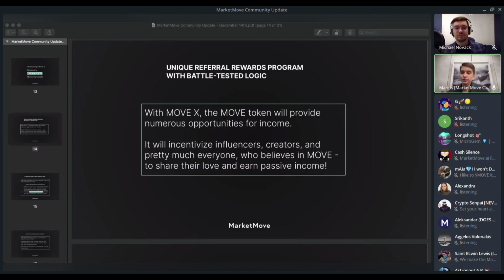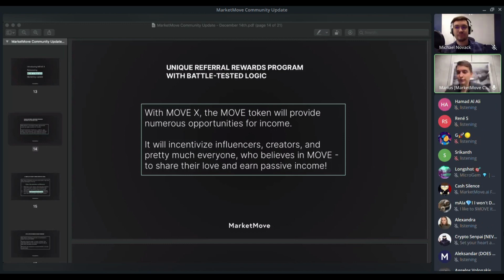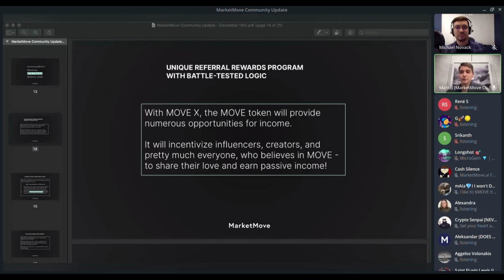And imagine if you can combine all of this with earning additional Move, because you spread the enthusiasm, you spread the love of Move across the internet. You attract new people. So it is not just shill your bag anymore. It's way more than that. So we'd like to introduce Movex Rewards, which is a unique referral rewards program with logic that is battle tested.